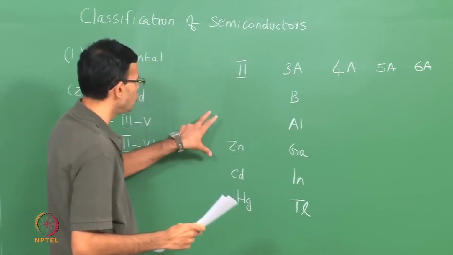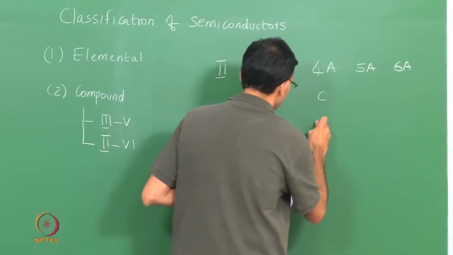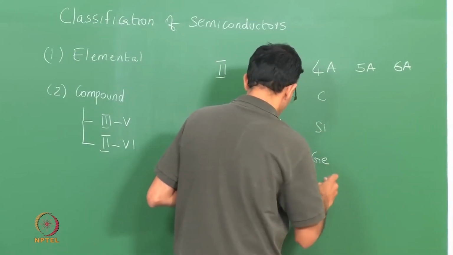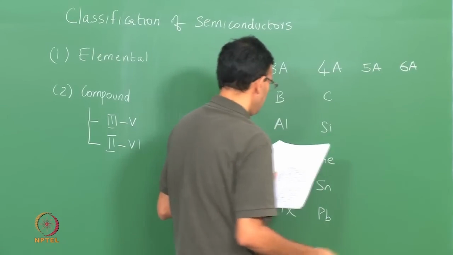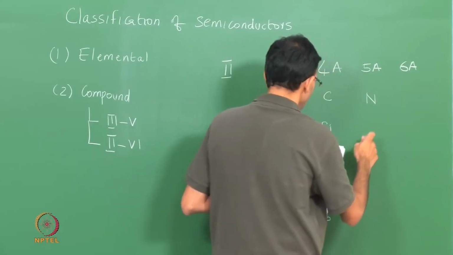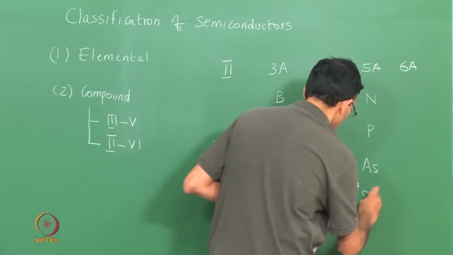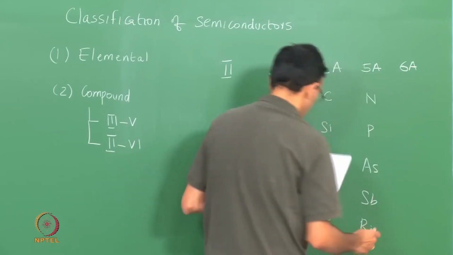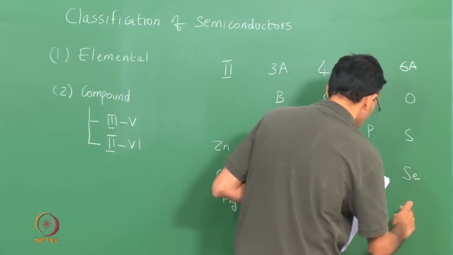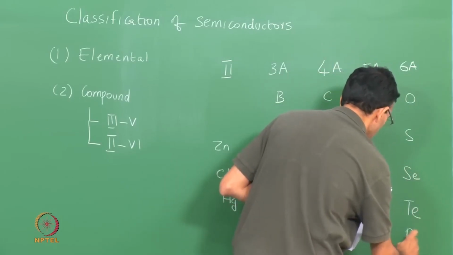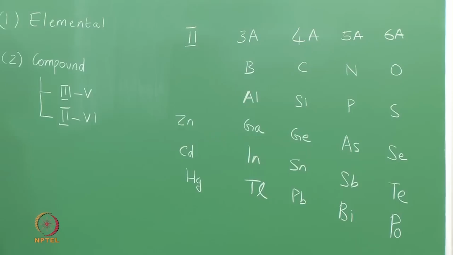I am writing the elements from group 2, 3, 4, 5 and 6. Group 5, and then group 6. So this is just a portion of the periodic table.